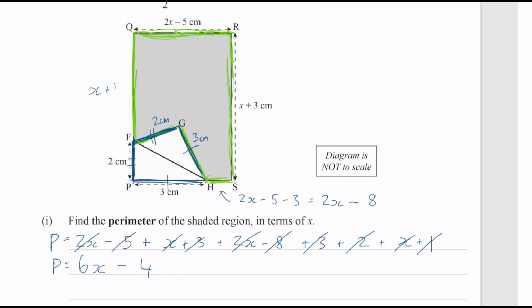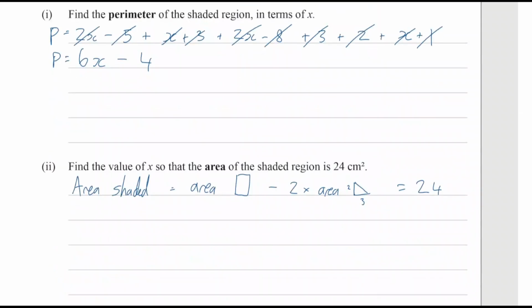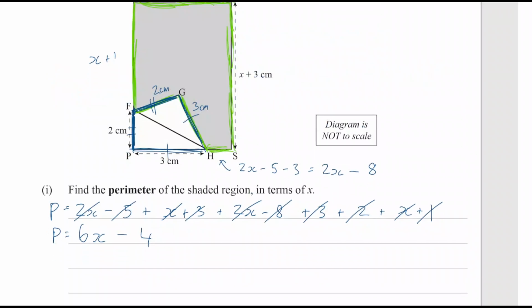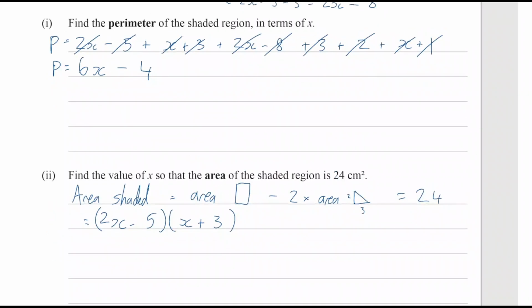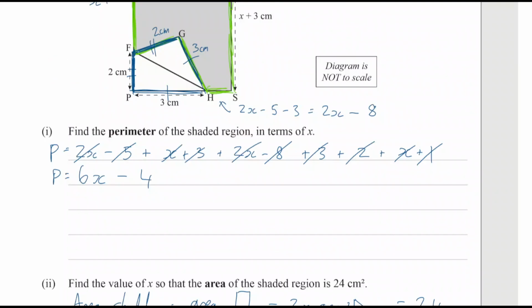All right, so the area of the piece of paper, 2x minus 5 times x plus 3. We can do that. 2x minus 5, x plus 3. All right, so that's the area of the rectangle. And from that, we'll subtract 2 times the area of this triangle, which is half times base times height.